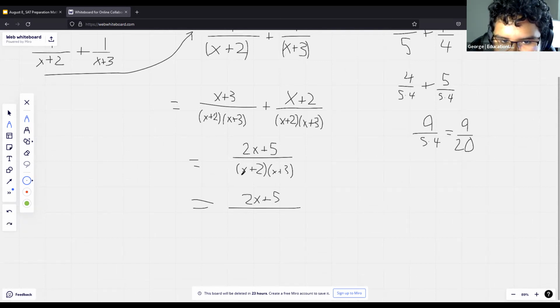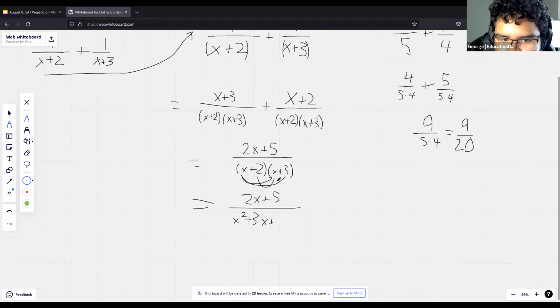To start, we have x times x, so we have x squared here, and then we do x times 3, which is 3x, and then we do the inside. This is called the FOIL method, which you may have learned in school: first, outer terms, inner terms, and then the last of both.